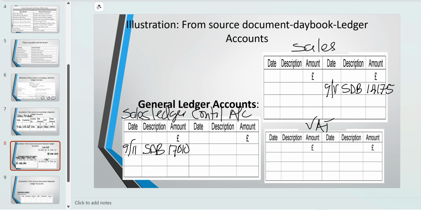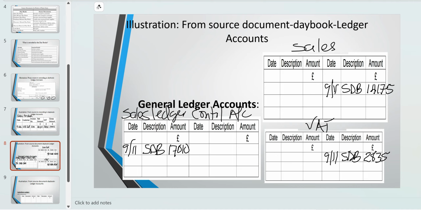Then when I go to the VAT account, I will write the same date as well, 9th November, SDB, meaning sales daybook. That is where I have extracted the information from, and it will be 2,835.